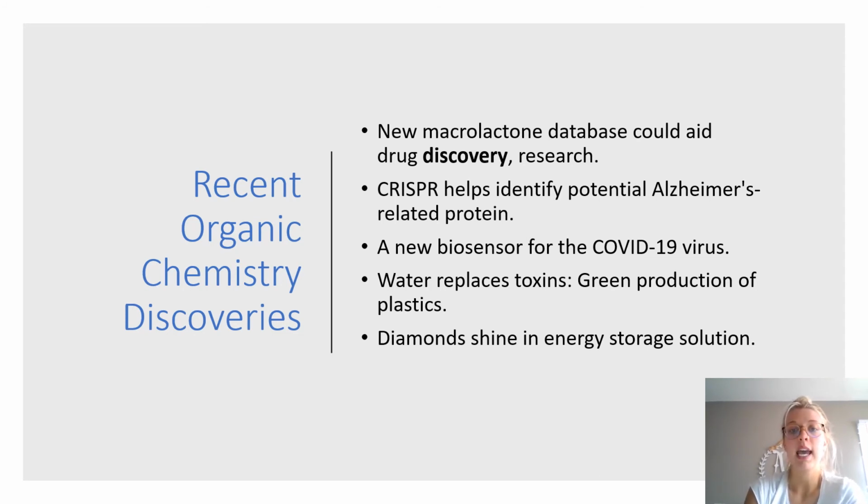There is a new biosensor for the COVID-19 virus, which is really big right now. Hopefully that helps out with a lot of things. There is a new way water could replace toxins and help us store and make plastics more economically. And lastly, we have how diamonds could help in an energy storage solution.